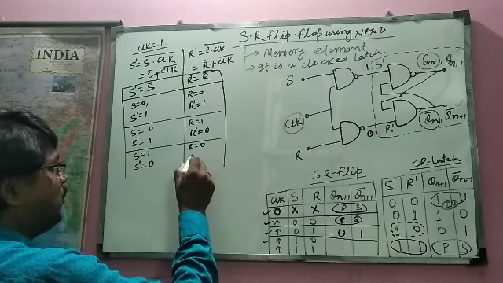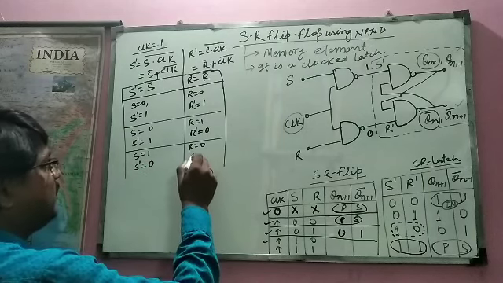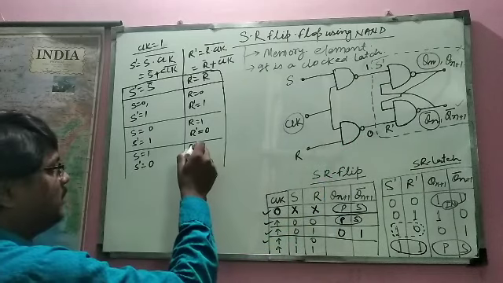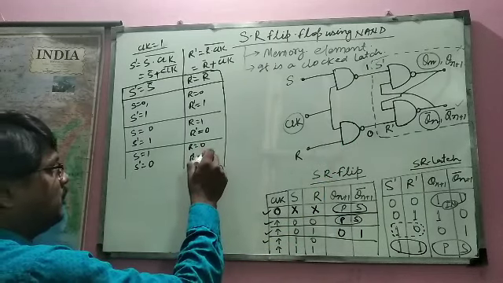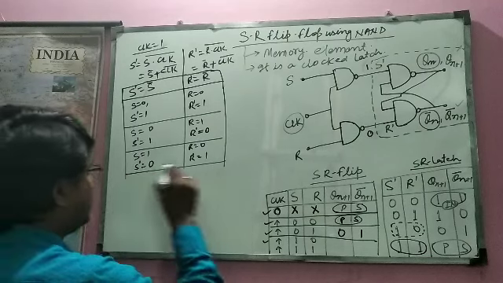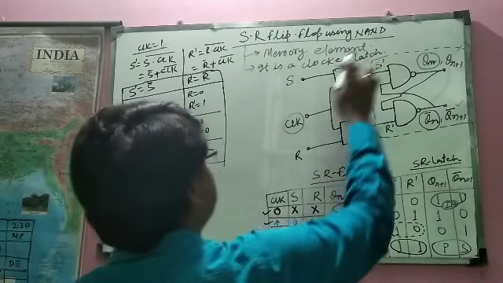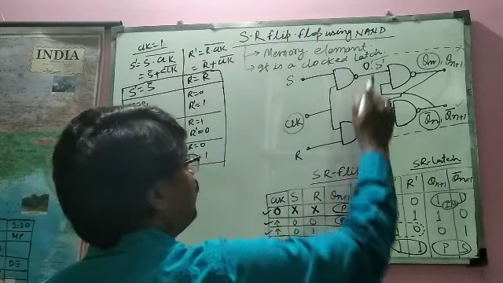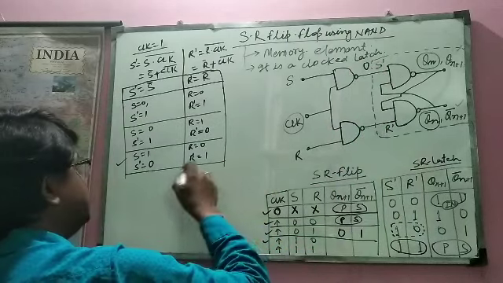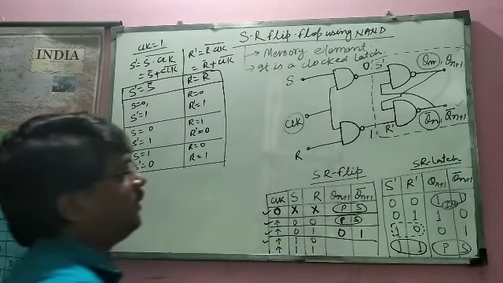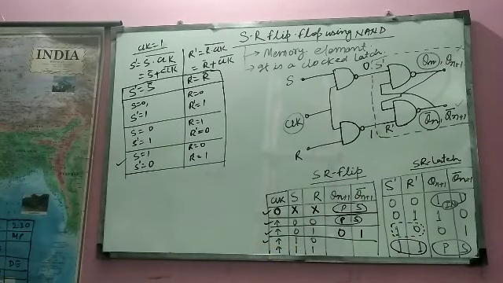What is R dash? This is nothing but R bar, so this is 1. So this is the third case. S dash is here 0 and R dash is here 1. See, it is very, very simple.